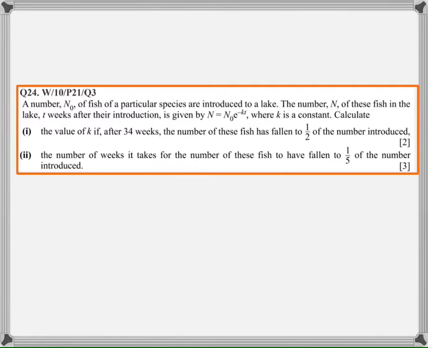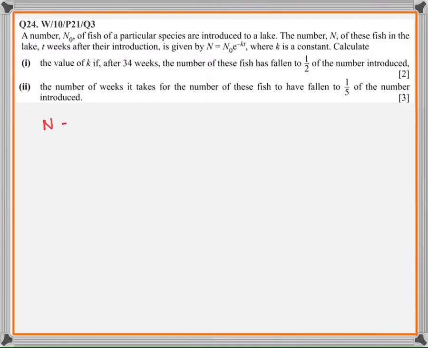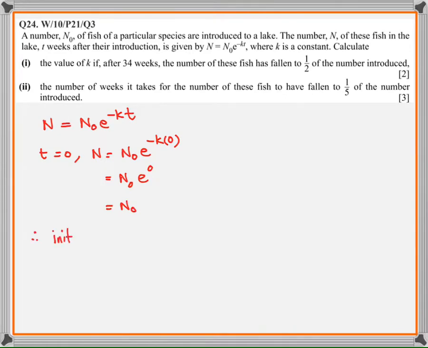So what we will do is say, when t is 0, what is the original value of n? E raised to the power of 0 is 1. Therefore, n is n naught. Agreed? That means half of the original value.